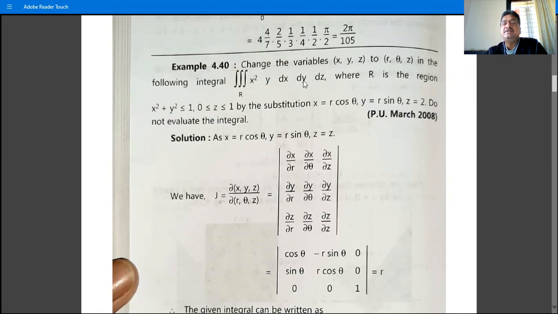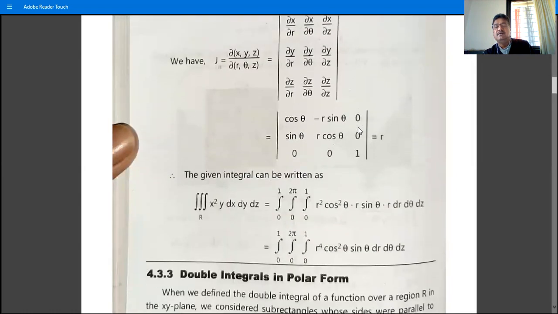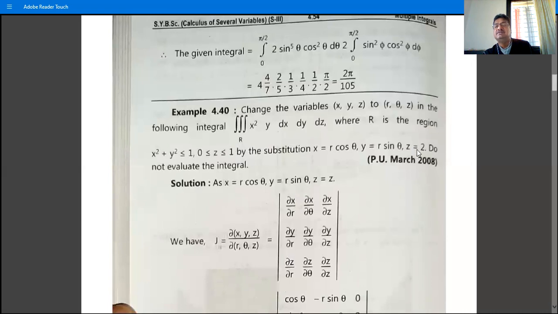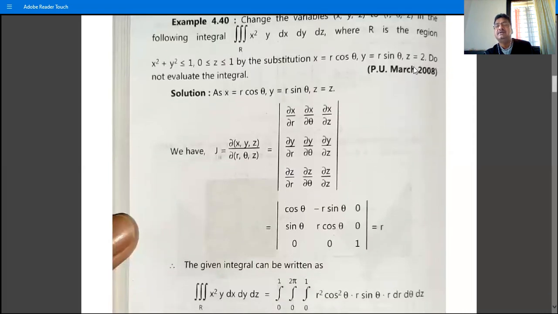So dx dy dz is replaced by mod J dr d theta dz.